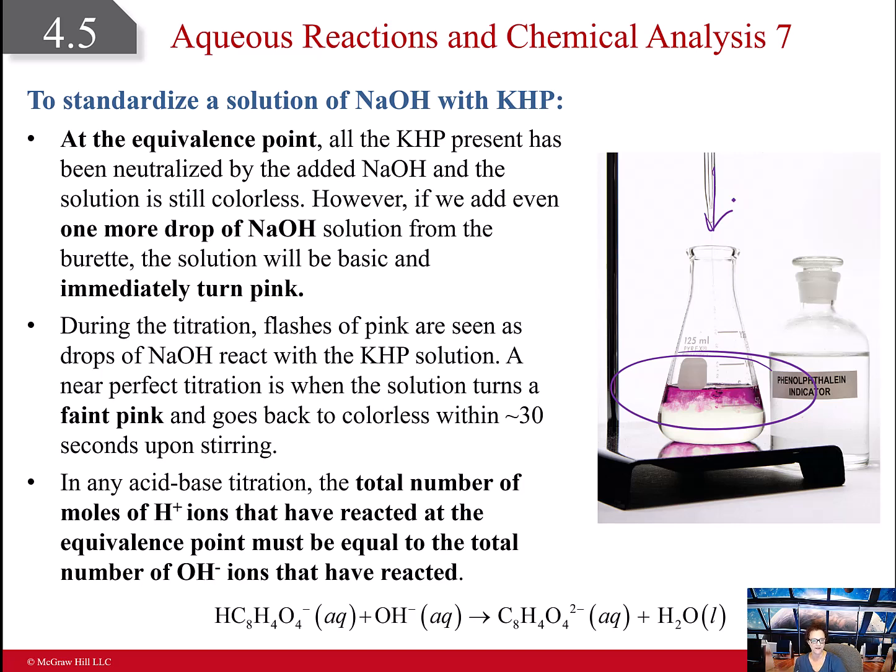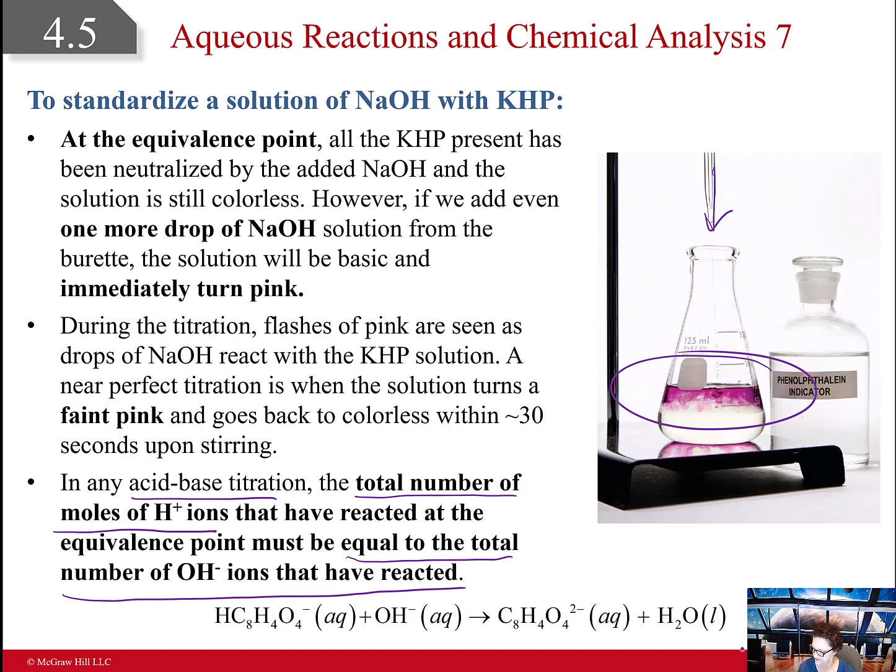In an acid-base titration, you want it to be as light pink as possible when you're using phenolphthalein, because one drop too much and it goes super bright pink. So in an acid-base titration, the total number of moles of hydrogen ions that have reacted at the equivalence point are equal to the total number of hydroxide ions that have reacted.